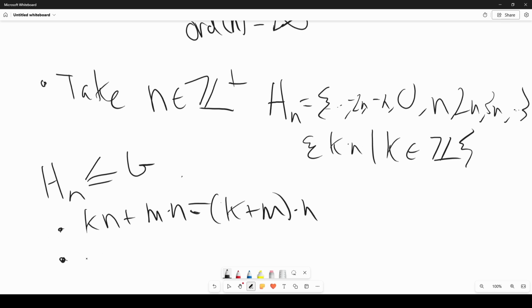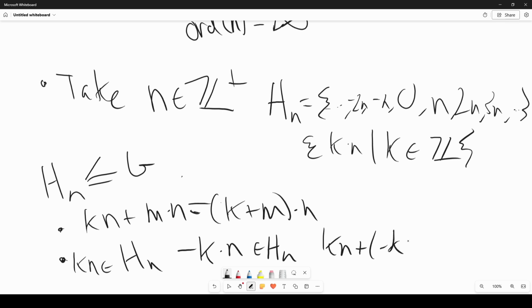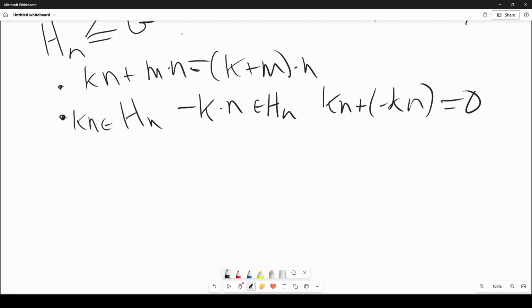Then we also see if we have k times n in hn, then negative k times n is also in hn, and k times n plus negative k times n equals 0. So every element has an inverse. So we've shown that hn is a subgroup of this group. Great. Once again, you can just think of this subgroup as all multiples of some integer n.